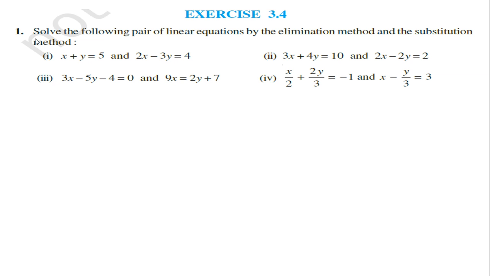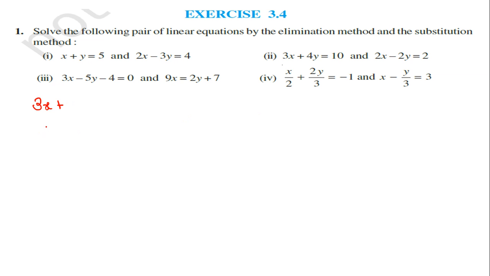So here let me start the fourth question, because the fraction format is there, you people may be a little bit confused. So first of all, we have to simplify this fraction format. Okay, x by 2 plus 2y. So let me directly simplify. Cross multiplication first of all we have to do here. So 3x plus what will come?